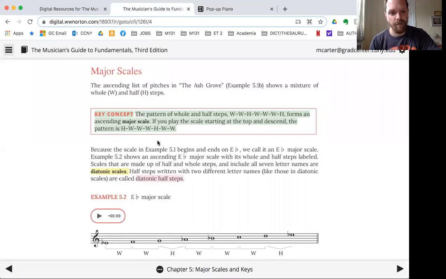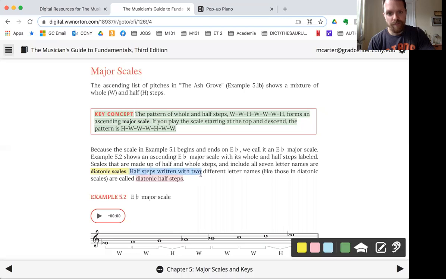All right, let's go back to your book here. So half steps are written with 2 different letter names, as it says here, and they're called diatonic half steps, okay?